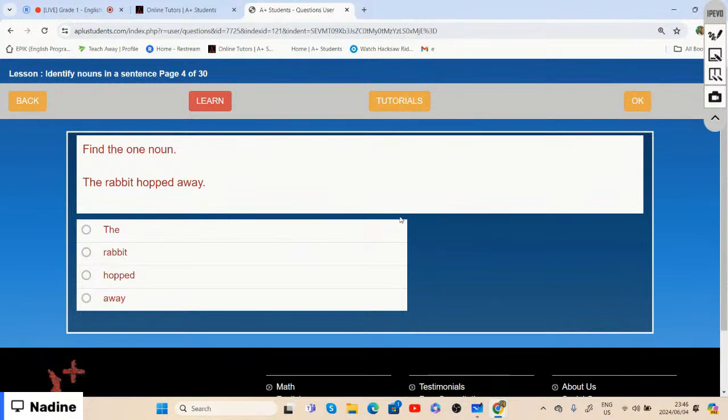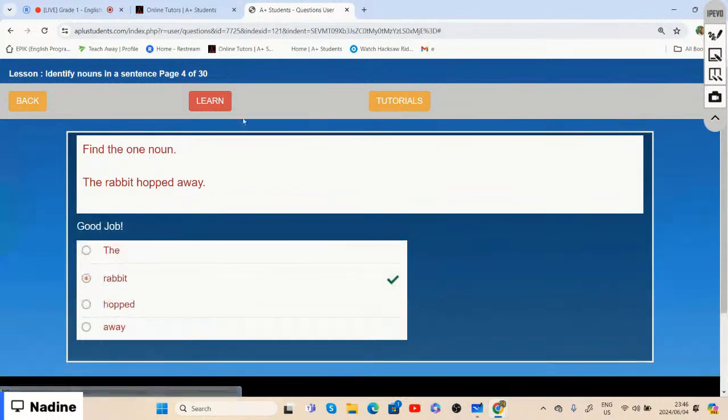It says the rabbit hopped away. All right, and if we were to find the noun, then we can say rabbit is our noun.